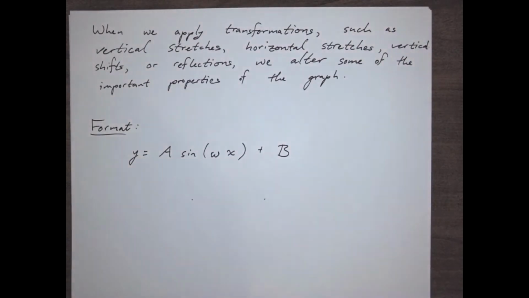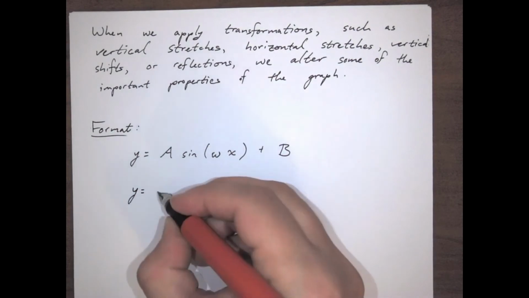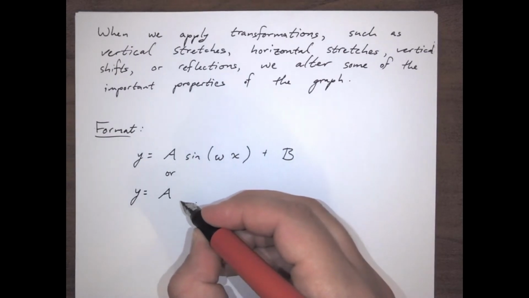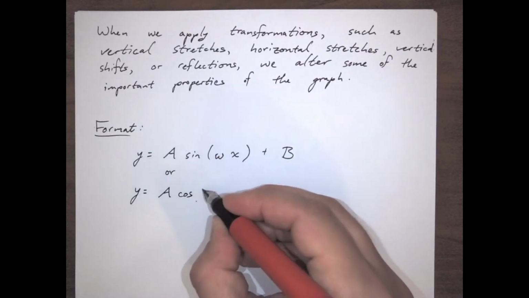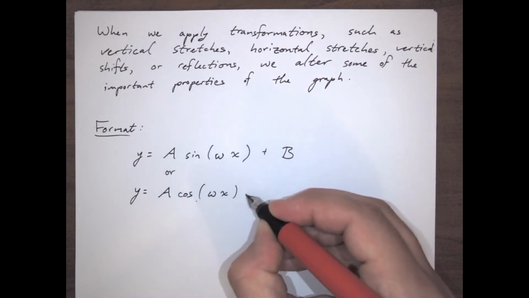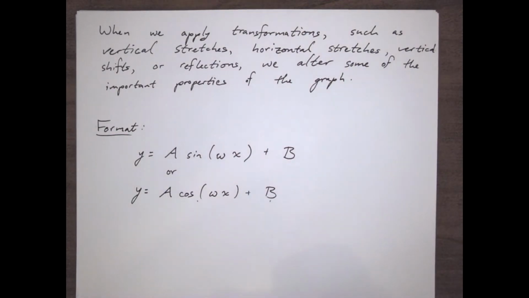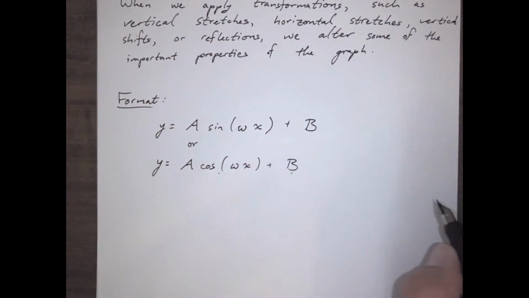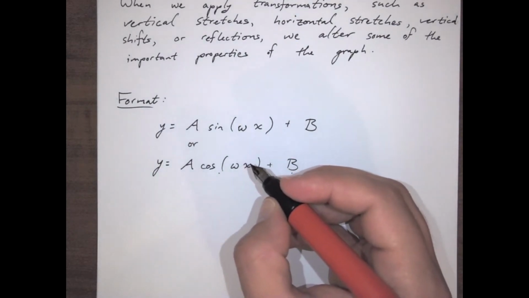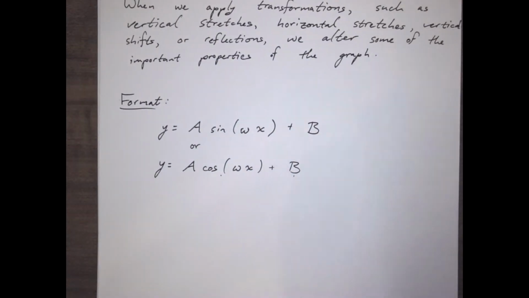But just as easily, we could have the cosine instead. So, y equals A cosine omega x plus b. Okay, so then, based on this format, we can untangle what the effect of each of these different transformations would be on the graph of the function.